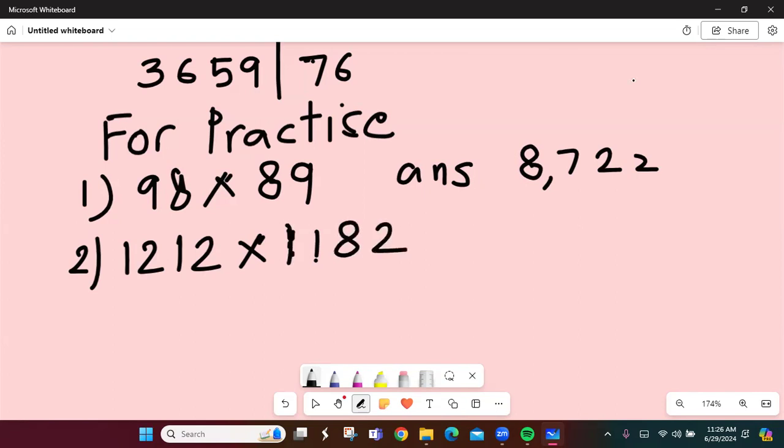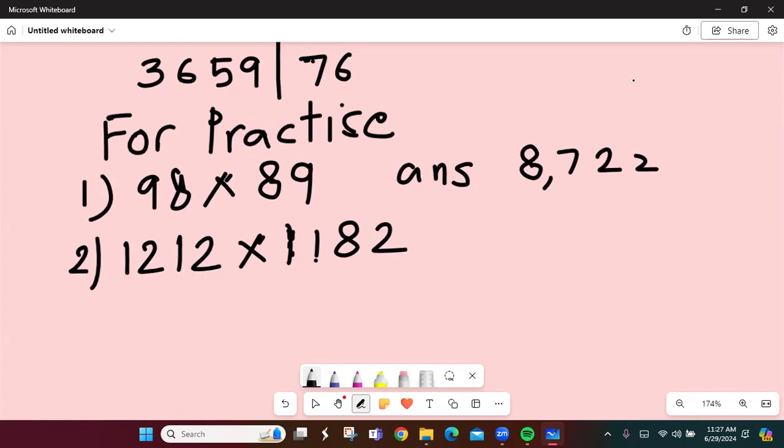Now here, if you see the numbers are 4-digit numbers, so the standard base is 1000. Okay. But the standard base 1000 will not help you. Why? Because 1000 is far away from these numbers. And secondly, as we have already seen, no multiple of 1000 other than 1000 is closer to these numbers.